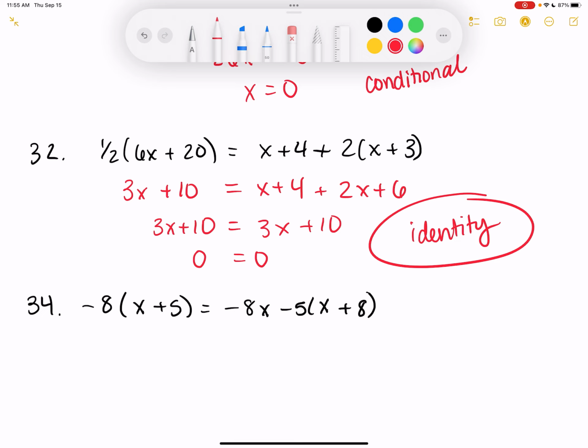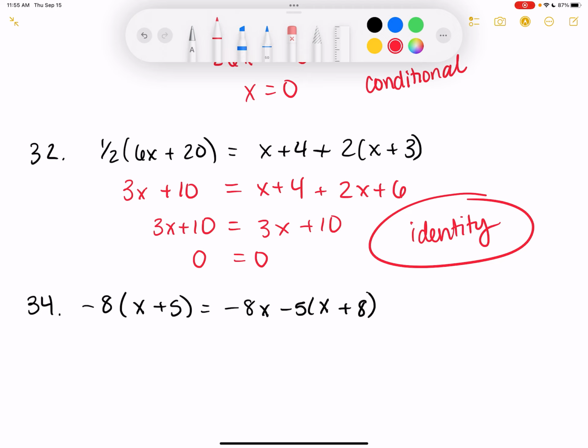So what do I have? It's just going to end up being -5x equals 0, right?